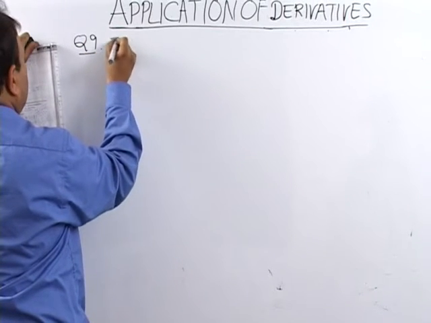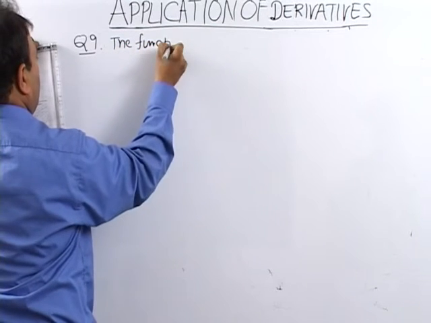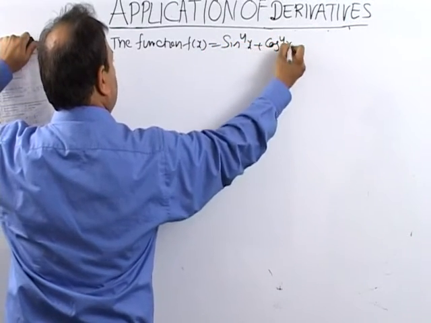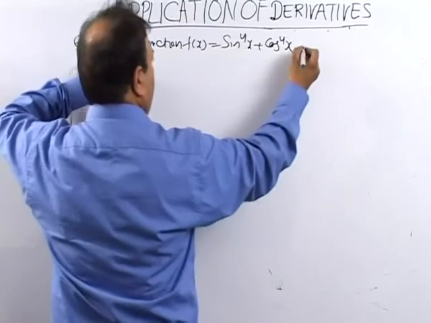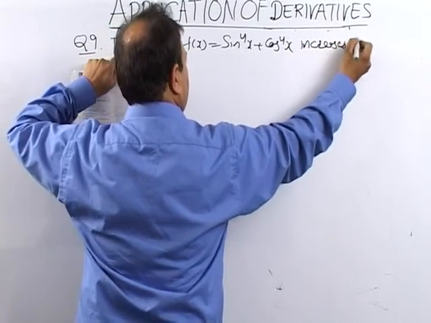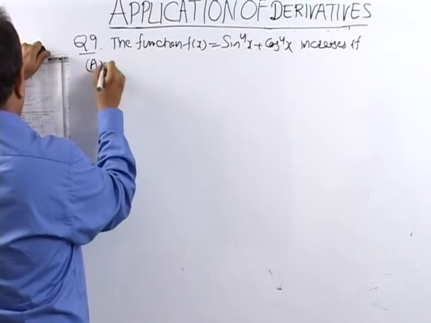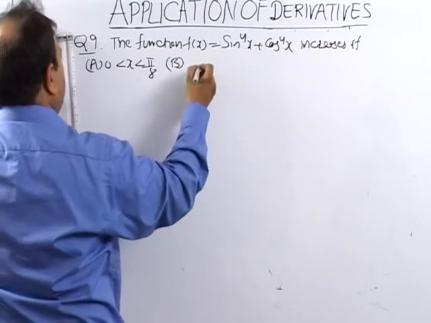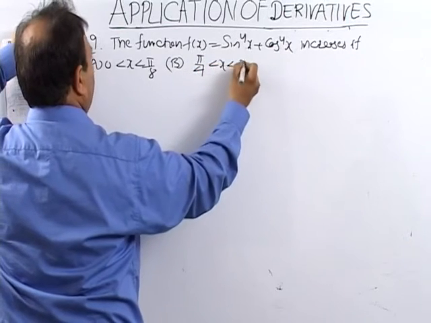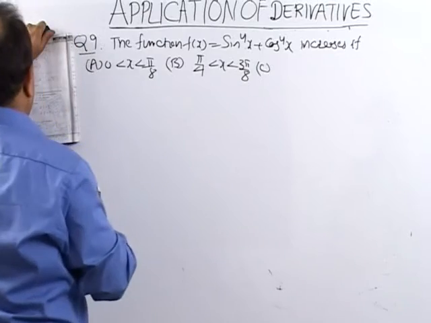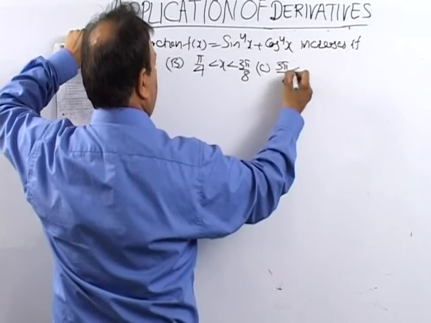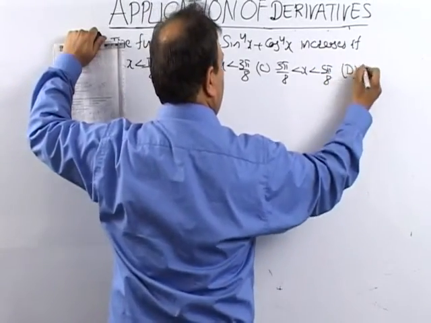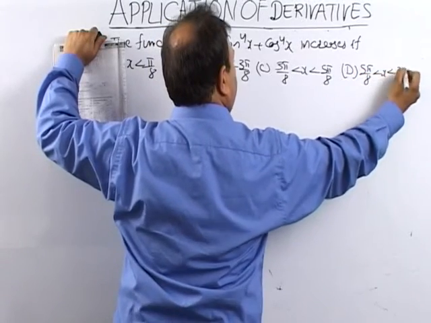Question number 9 is: the function fx is equal to sin 4x plus cos 4x increases if, A, x lies between 0 and pi by 8, B, pi by 4, 3 pi by 8, C, 3 pi by 8, 5 pi by 8, D, 5 pi by 8, 3 pi by 4.